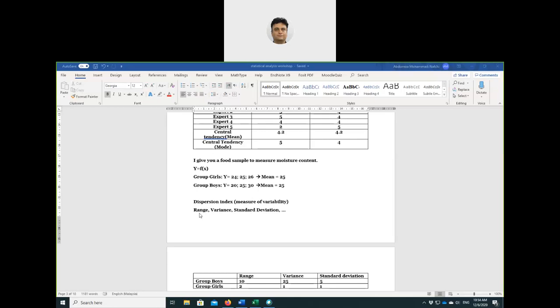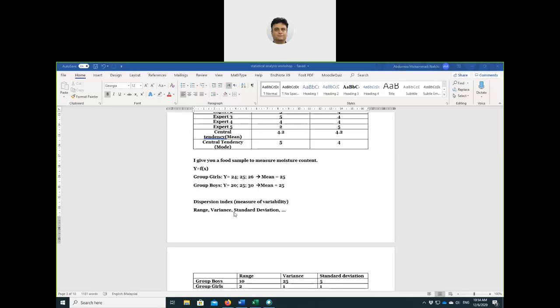Basically, we have lots of variability indices or dispersion indices. Range is the simple one, and we have different types of measurement of variability.